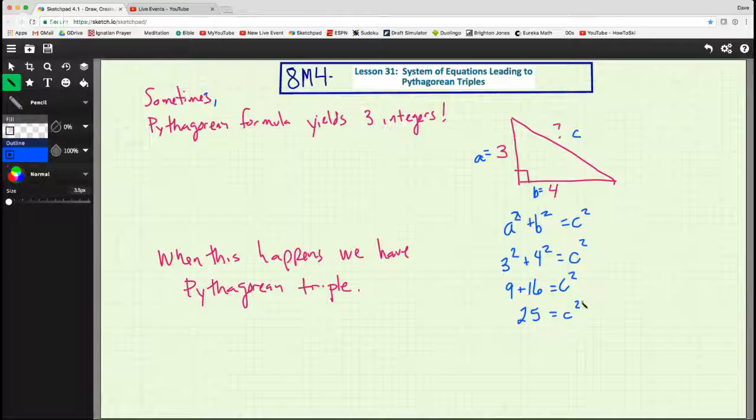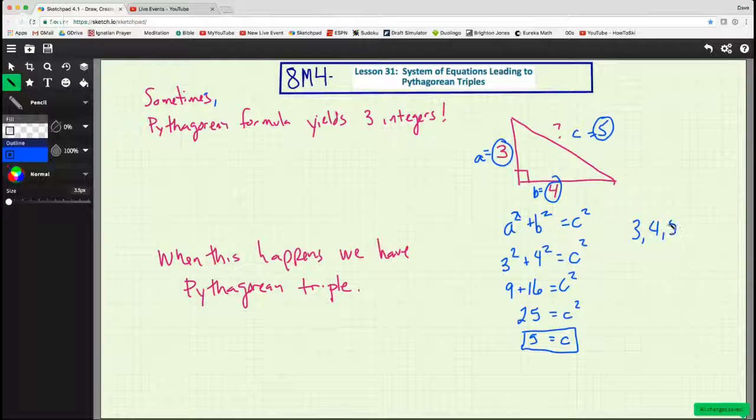So if C squared is 25, then C is equal to 5, right? Because if we take C and square it, we get 25. So in this case, our Pythagorean theorem tells us that our sides are all integers. And that's really cool. When that happens, we have a Pythagorean triple.